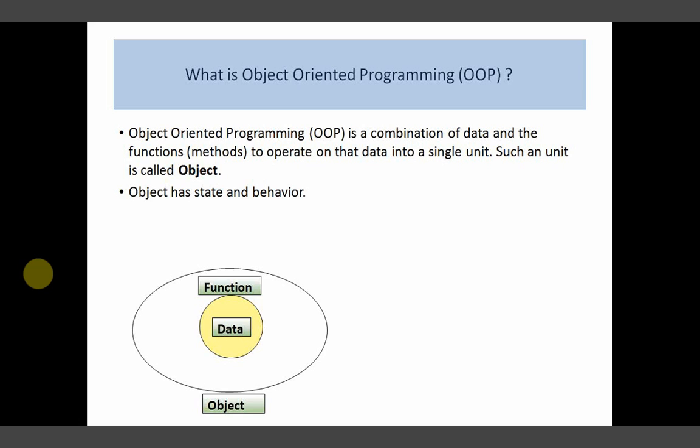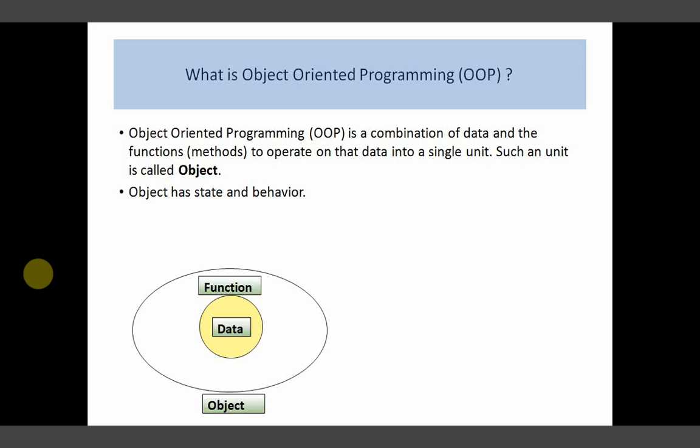Then what is an object? When this class gets instantiated, that instantiated one is called an object. So in real time, the data is contained in the object, not a class.